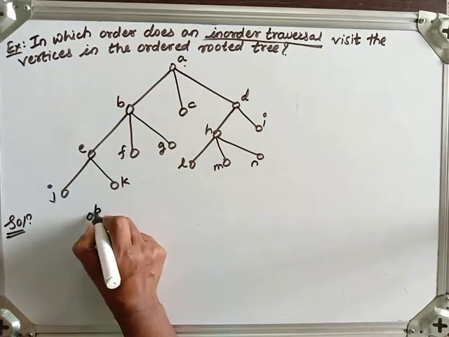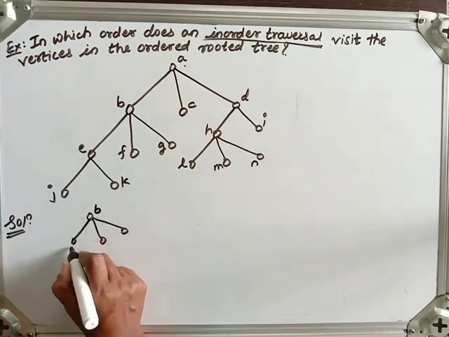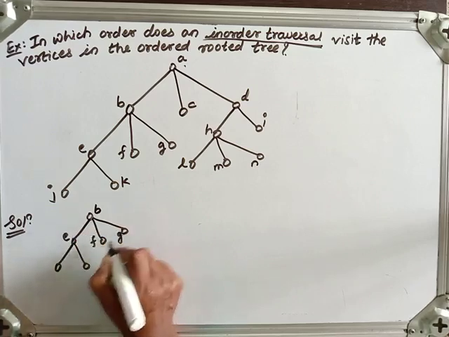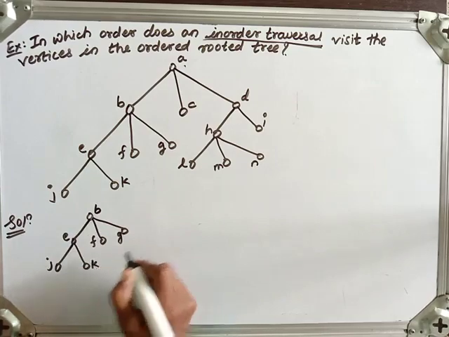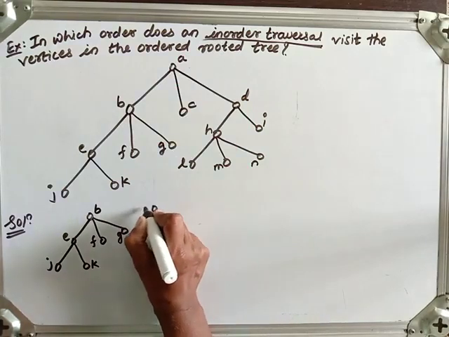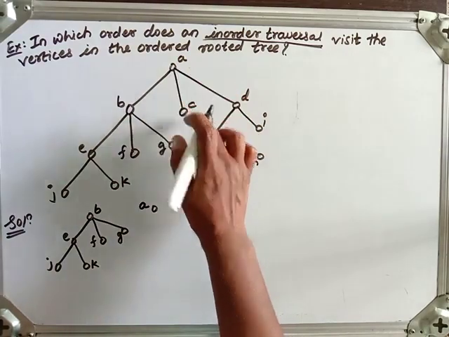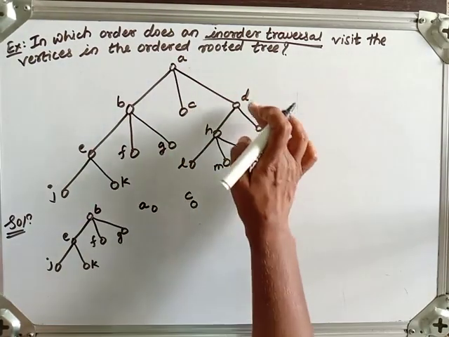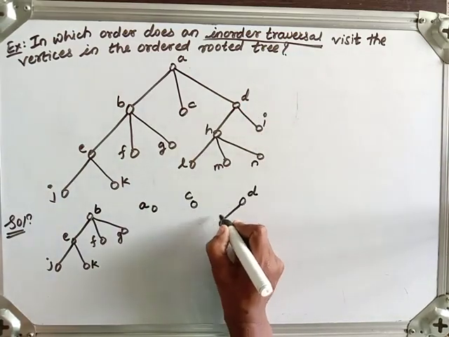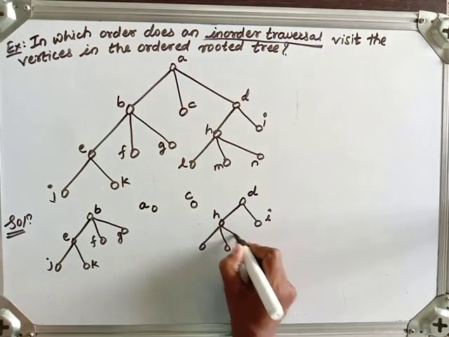So I will write T1 here: E, F, G, then J, K. Then I must visit the root, A. Then I must visit the next trees: C, and then the subtree of parent D: H, I, then H has 3 children, L, M, N.